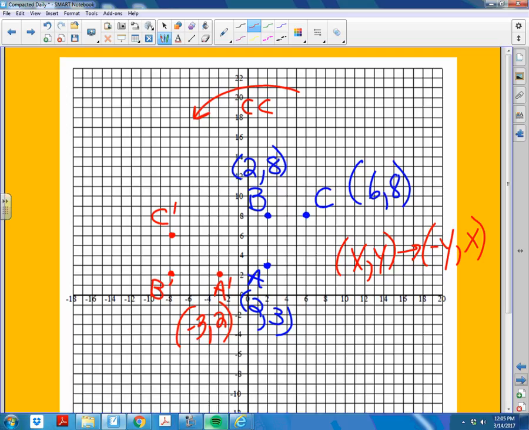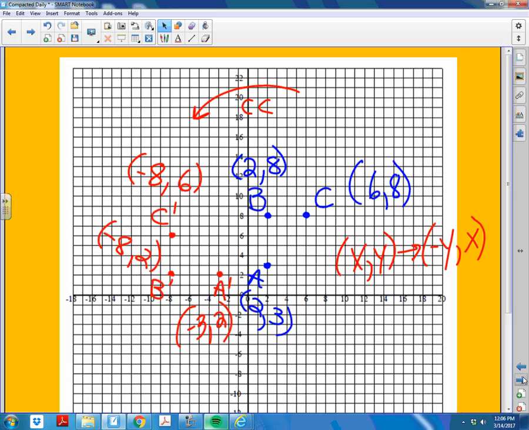The x and the y switched on the B, so it went from 2,8 to 8,2, but the first number became a negative, which is why it's negative yx. And the C went to negative 8,6. That's how the rule is applied.